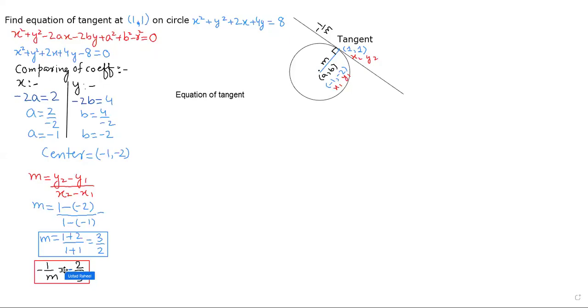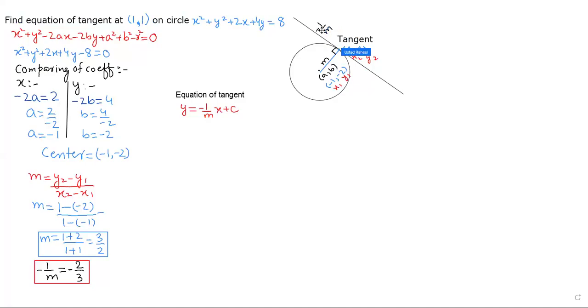Now I have to find the equation of the tangent, and in order to find it, the formula which I am going to use for this tangent is y equals, now the gradient of this line. The gradient of this line is represented by minus 1 over m. But if for instance somewhere you have seen it written as m, don't be confused and don't start using that one.